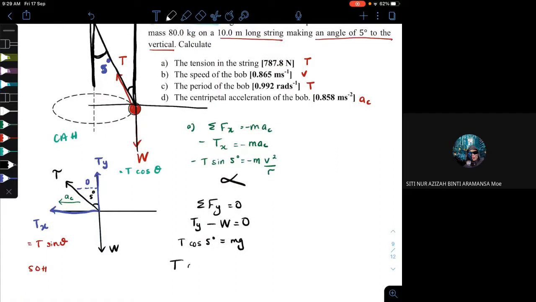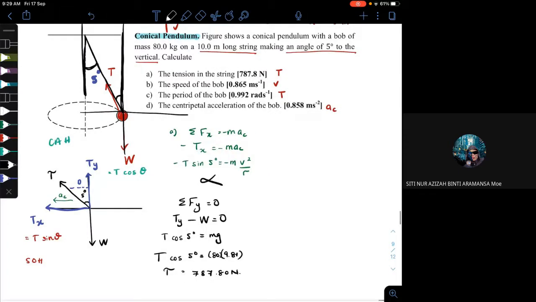So T cos 5 and then our mass is 80 times 9.81. So our T is 80 times 9.81 bahagi cos 5. So the answer would be 787.80 Newton. Okay. So dapatlah tension tu berapa? 787.8 Newton. Okay. So settle lah yang tu kan.